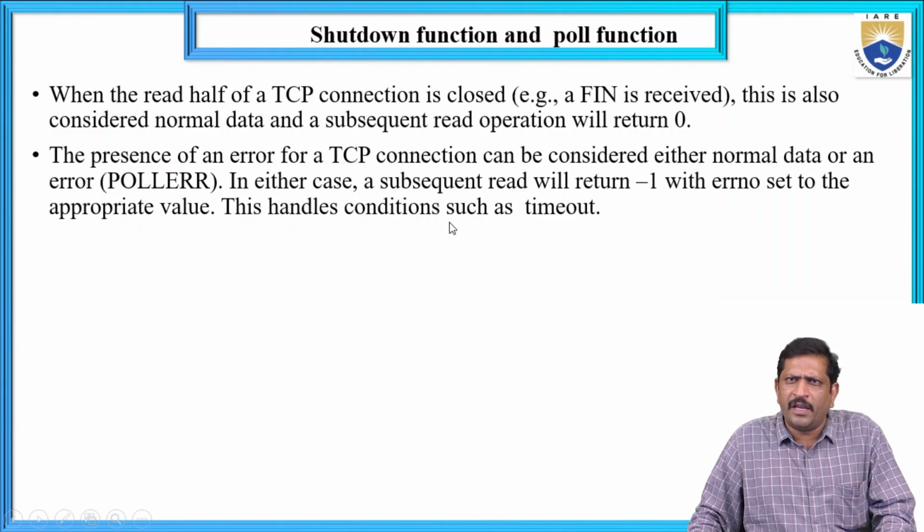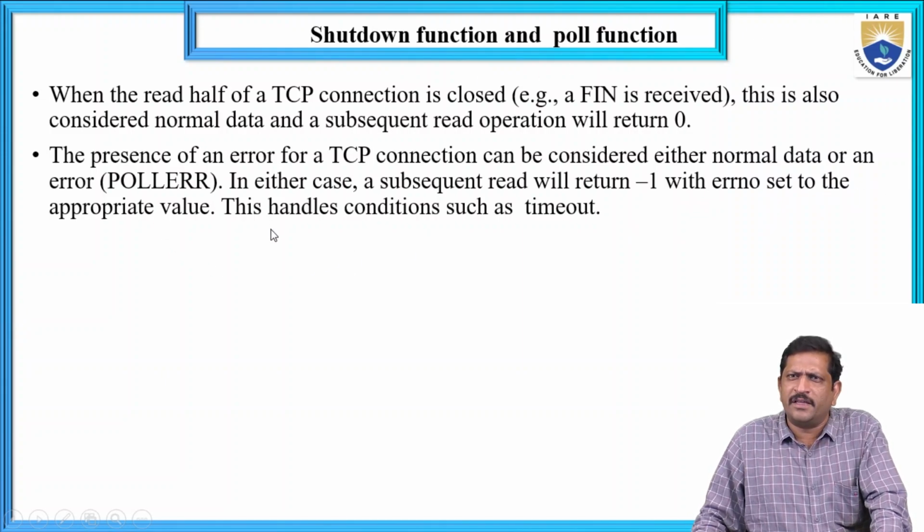The presence of an error for the TCP connection can be considered either normal data or error. In either case, the subsequent read will return -1, with errno set to the appropriate value, and this handles conditions such as timeout.